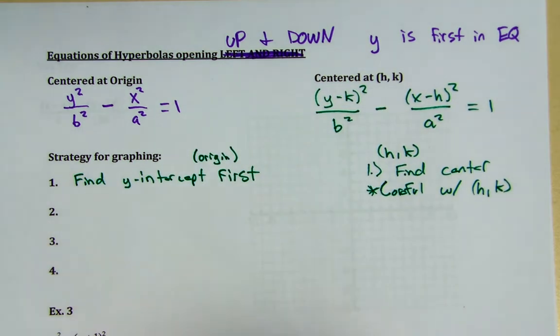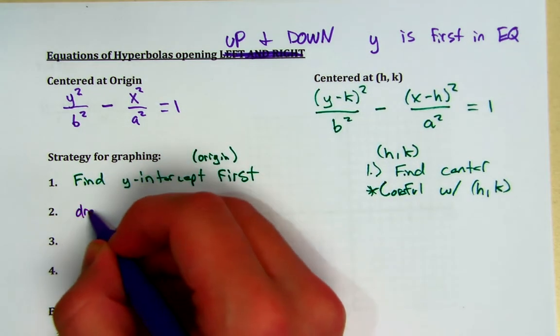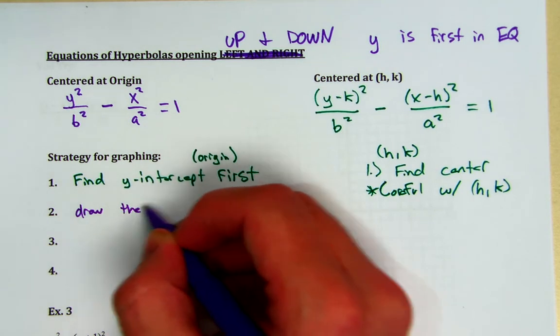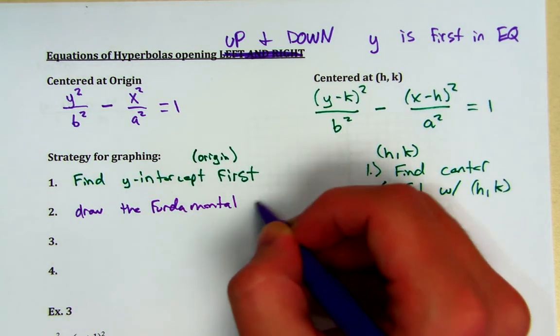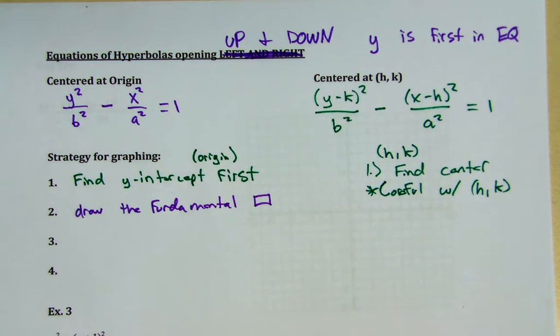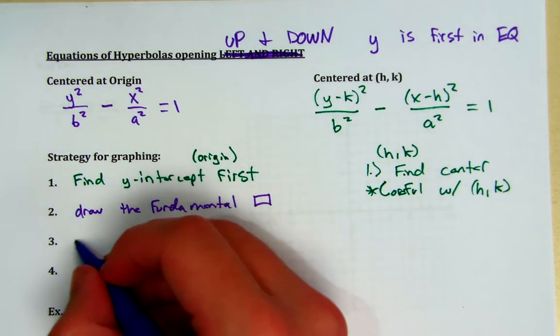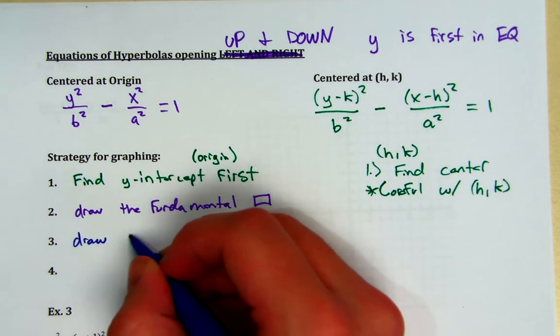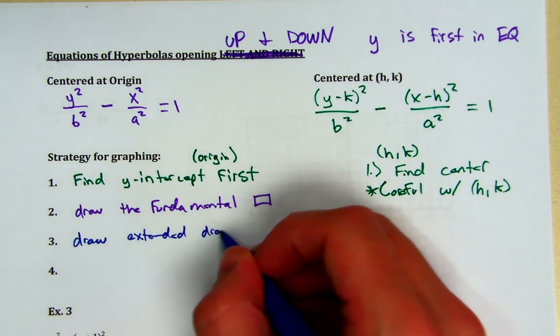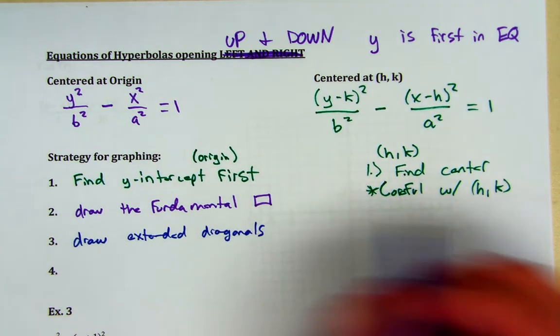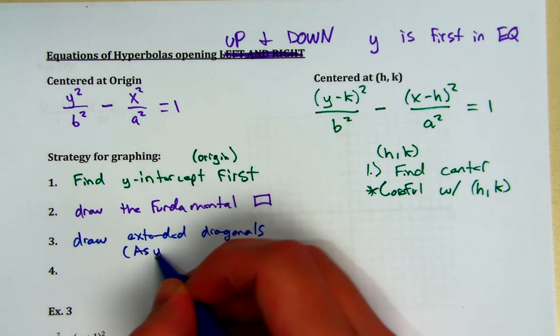Then all the steps that follow are drawing, again, the fundamental rectangle. And then drawing your extended diagonals, which are really your asymptotes.